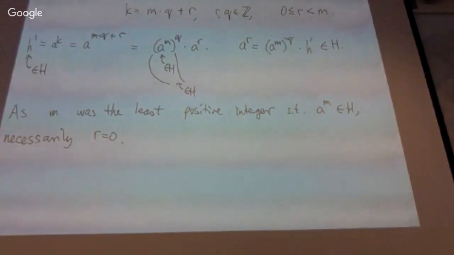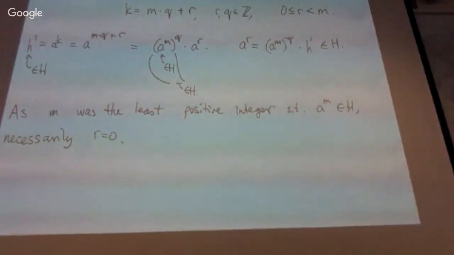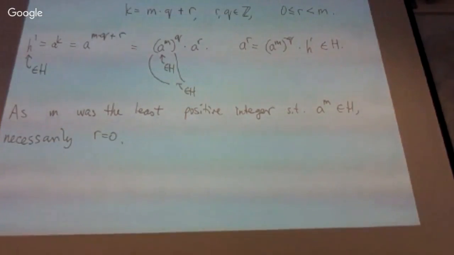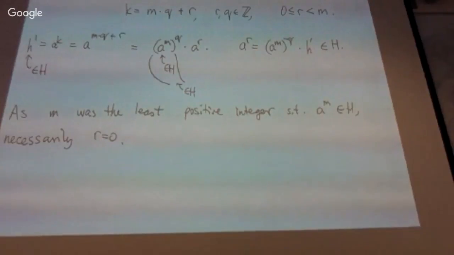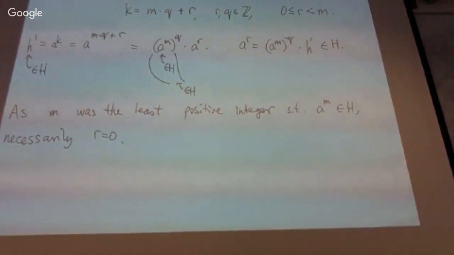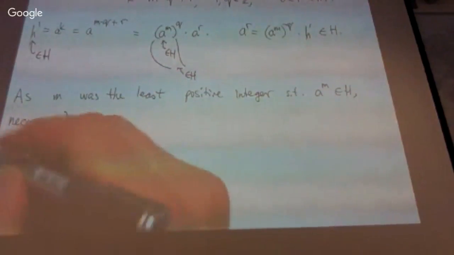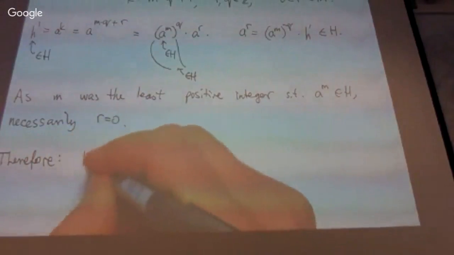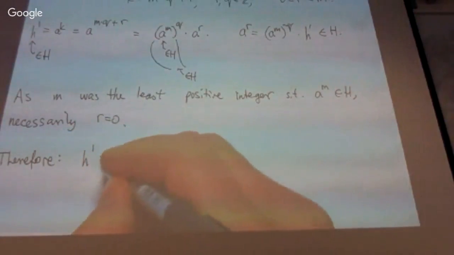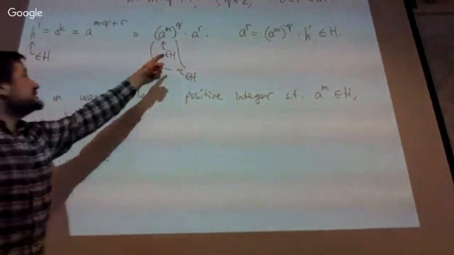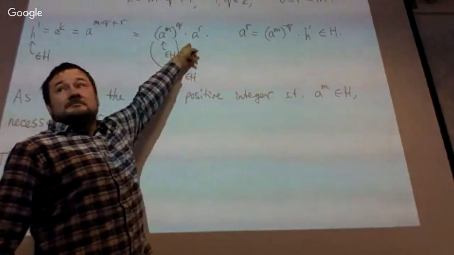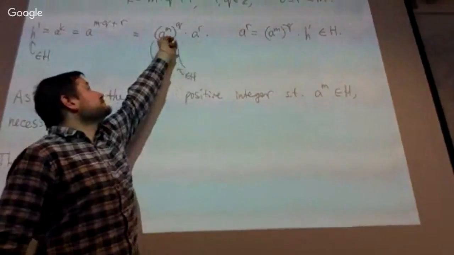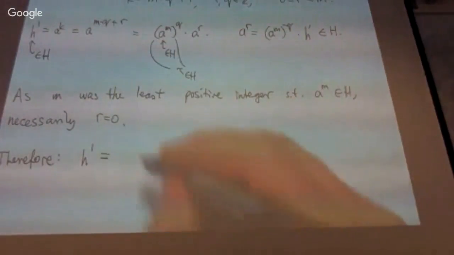So M was the smallest one. So R is 0. So this is the identity. So I'm left with just this.